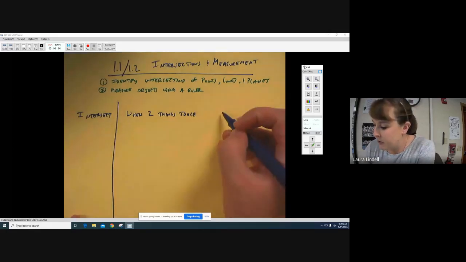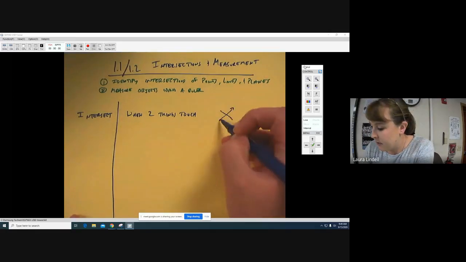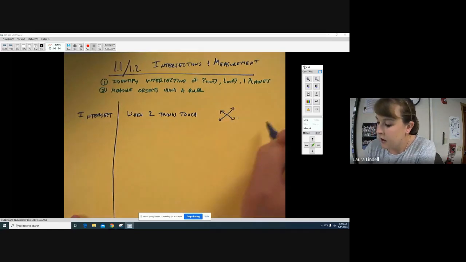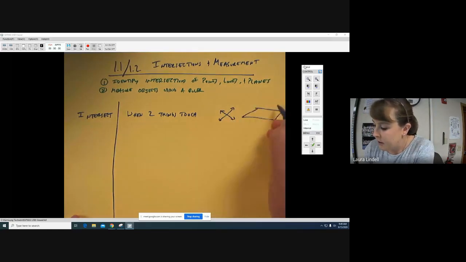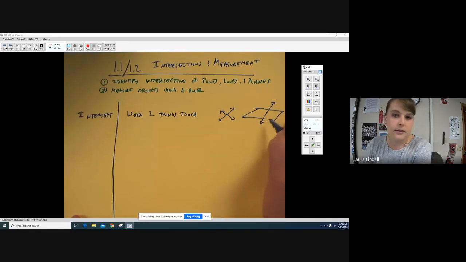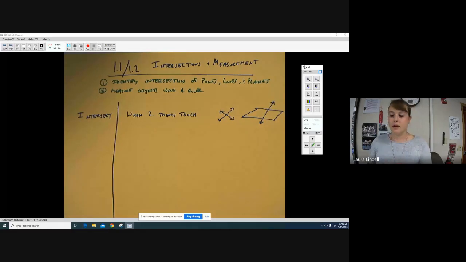So a lot of times pictures for that will look like this, where you have crossing lines, or it'll look like a plane with a line kind of poking through it. So you'll see a dotted part where it's supposed to be poking up through it. One image we could get in our minds here is, if you had a piece of paper that's your plane, and a pencil is poking up through it and the pencil's the line.